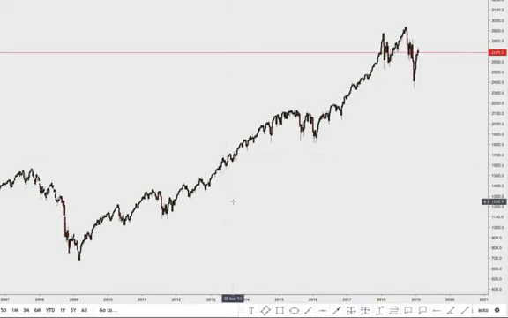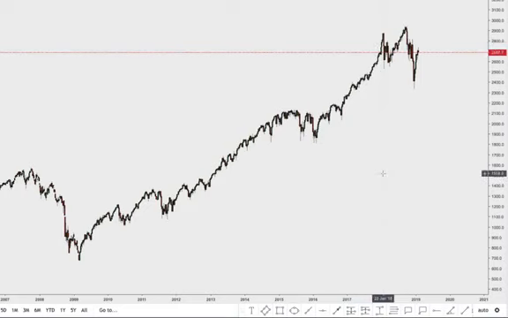And every time we make higher highs and higher lows, the market keeps on going all the way to the upside. But as you can see here, the market tried to make a higher high. Technically this is a higher high, but then we pulled back and made a lower low from the previous low. At this point right here, this uptrend is pretty much in jeopardy.